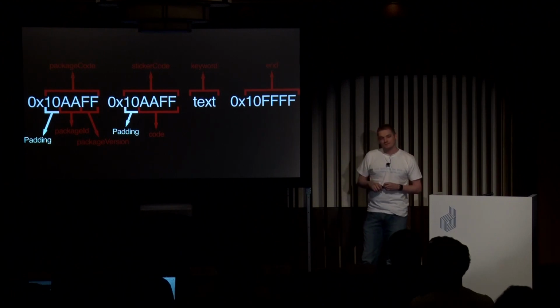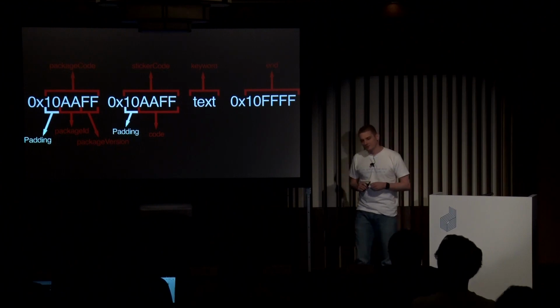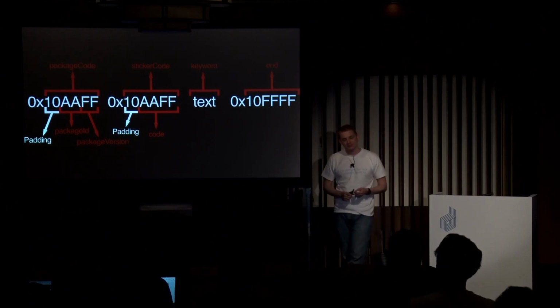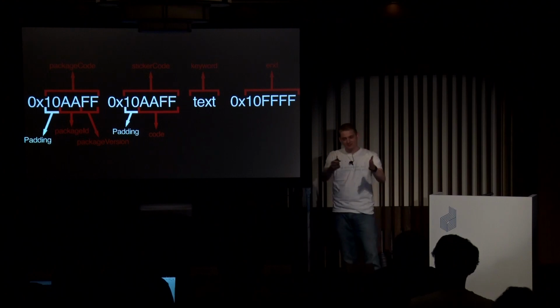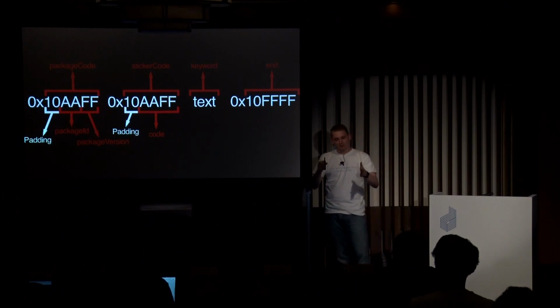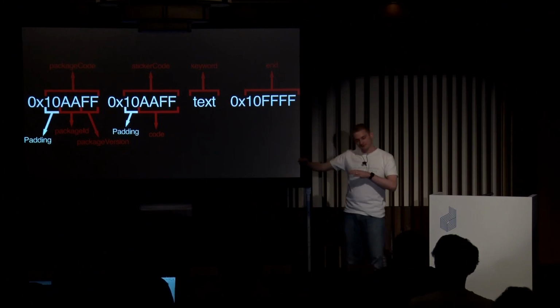Next up, we've got a keyword, and that's what we want to use when we're copy and pasting, because if they can't show that emoji, then we want to at least show what the emoji meant a little bit. And finally, we just have this delimiter at the end. That's just to tell us that this is the end of our spec, this is the end of our emoji, and we can keep going on normally after that.